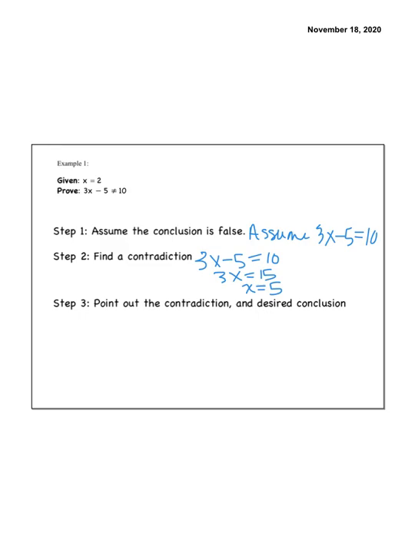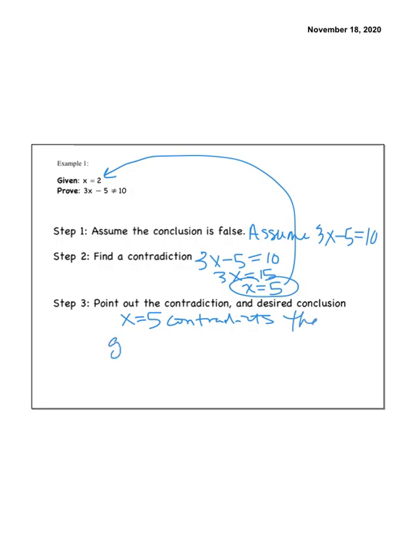As we can see, that contradicts the given information. So we can point out the contradiction: x equal 5 contradicts the given. X has to equal 2.